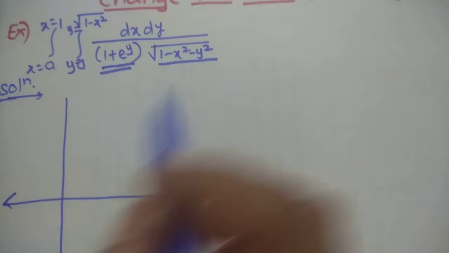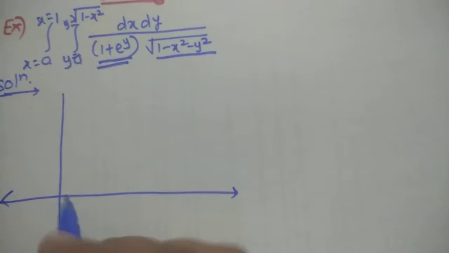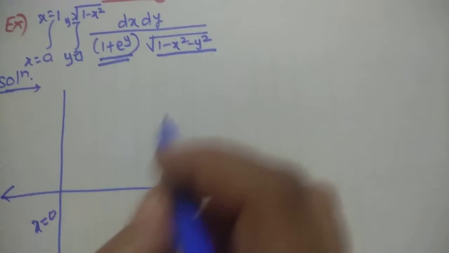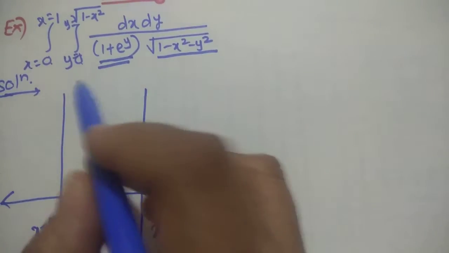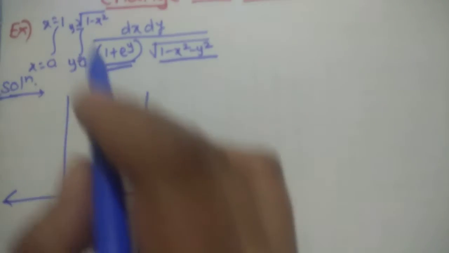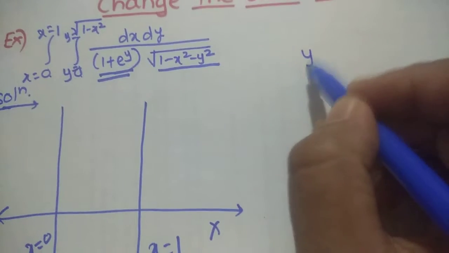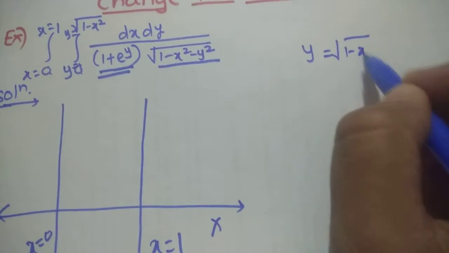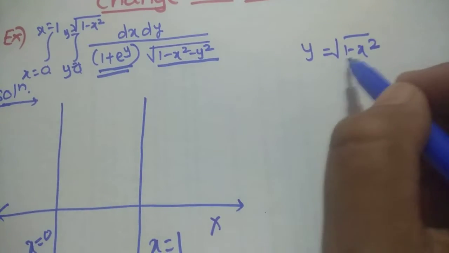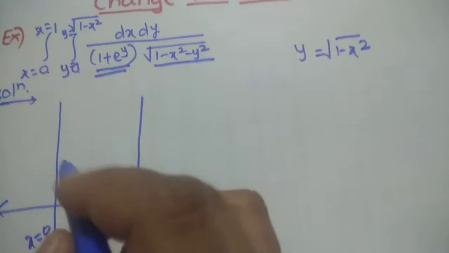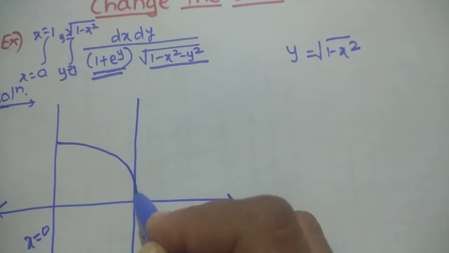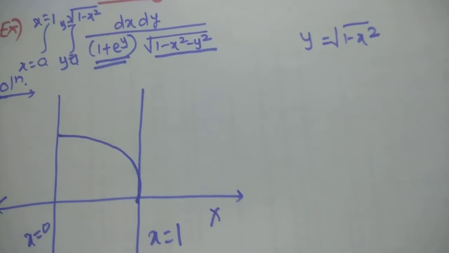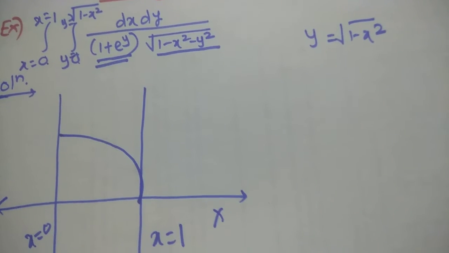So we have x equal to 0 to x equal to 1. So this is x equal to 0, and this line is x equal to 1. Now y equal to 0 means the x-axis, and y equal to under root 1 minus x square. Squaring this, we get x square plus y square, that means it is nothing but that part of the circle in the first quadrant.